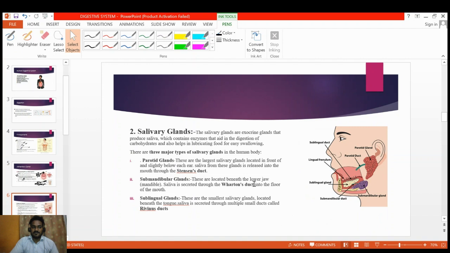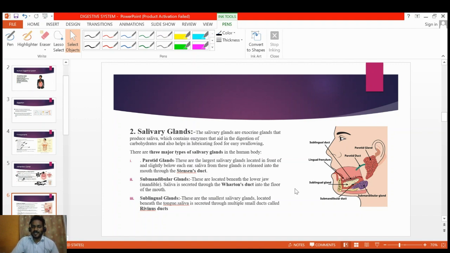Next to this, we have salivary glands that play a very important role because they mainly perform two specific functions. First, they are responsible for releasing saliva, and that saliva is composed of salivary amylase, which is responsible for carbohydrate digestion. Next, saliva plays a very important role in binding the food.